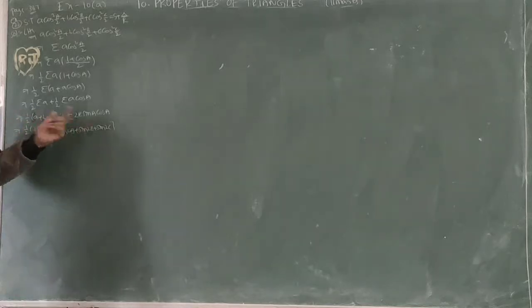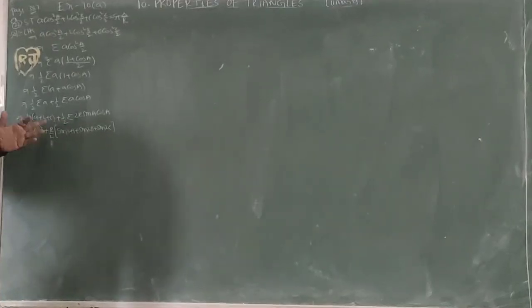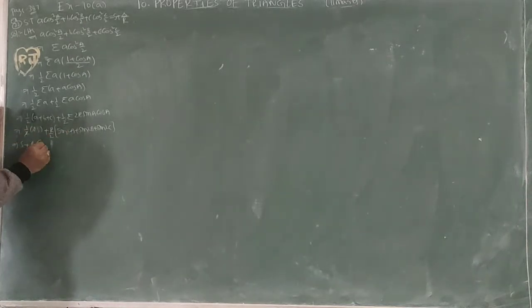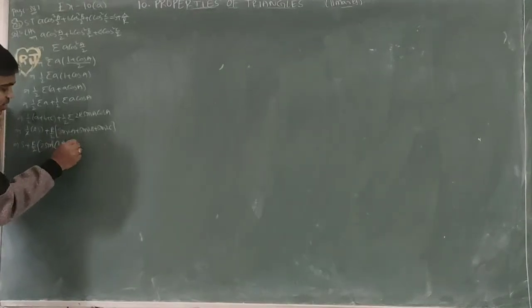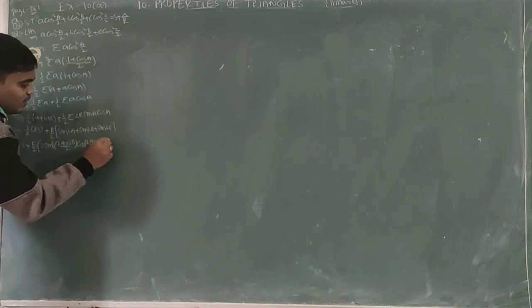We have done this many times, and we could write the result directly, but I want to do it. So S plus R by 2 times (sin 2A plus sin 2B) which is 2 sin (A plus B) cos (A minus B), plus sin 2C.